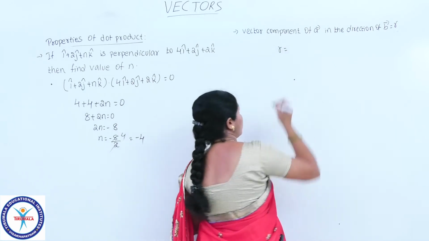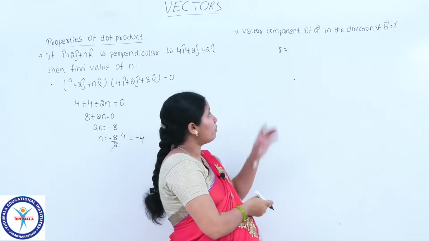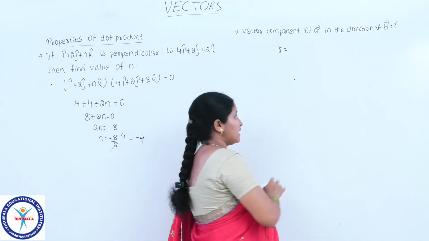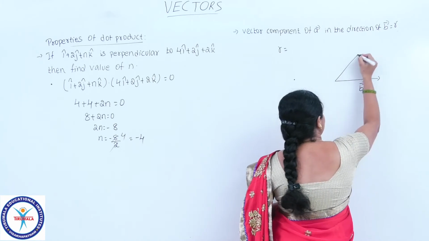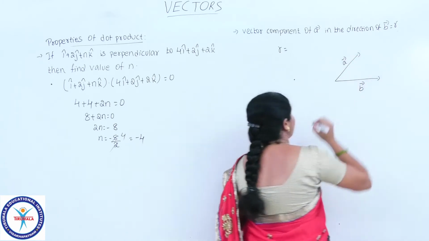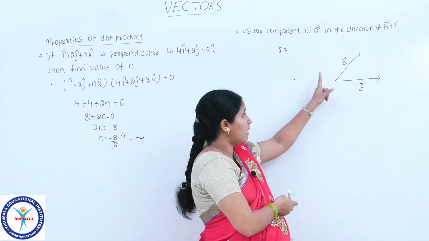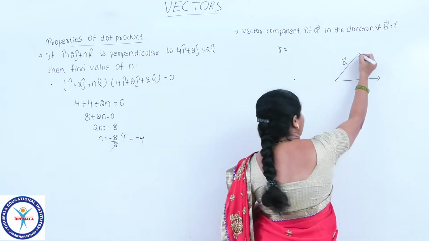So we can write r is equal to, so what is the vector component of a bar? Let us consider a vector b bar and another vector a bar. So the component of a bar along b bar is a cos theta.